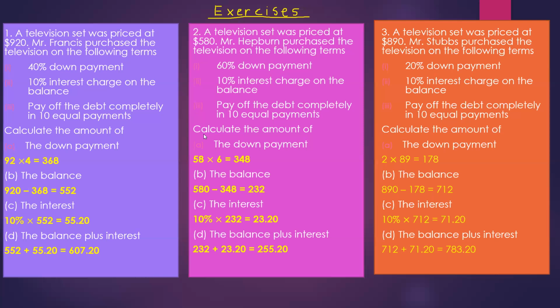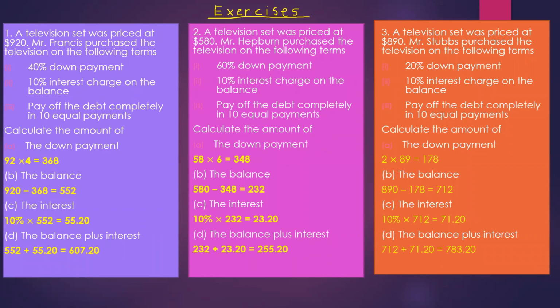You cancel out the 0 from 40 and the 0 from 920, which gives you 4 over 1 times 92 over 1, and that equals 368. When we multiply the 92 and 4, we get 368. Good.